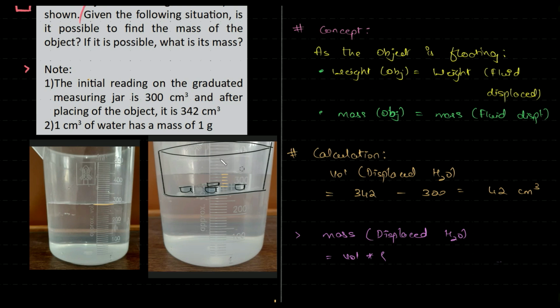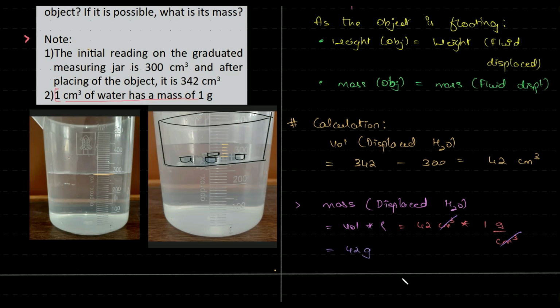You will learn the units and conversion and everything; that's important. So 42 centimeter cube into 1 gram per centimeter cube. That information is over here: 1 centimeter cube of water has 1 gram mass. Now centimeter cube gets cancelled, and this is 42 grams.